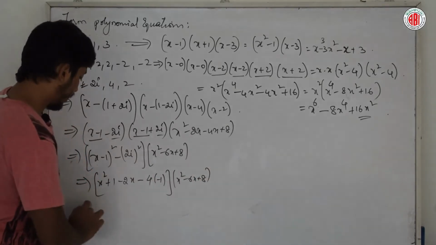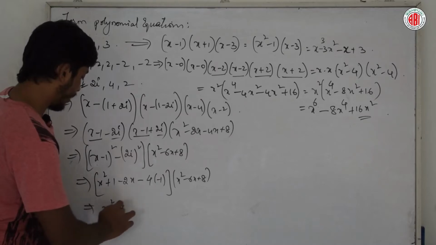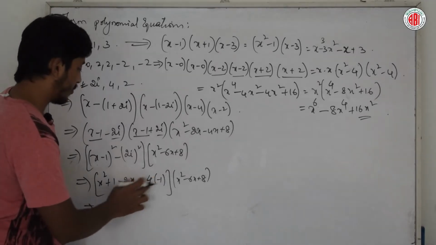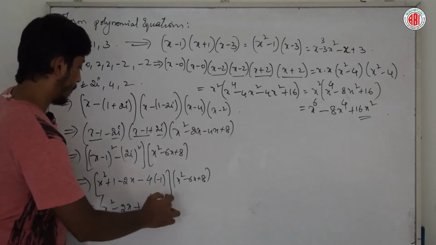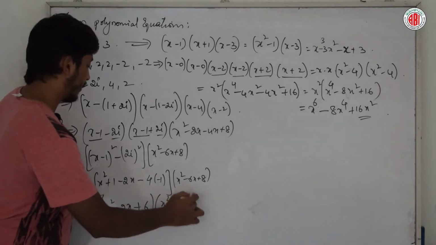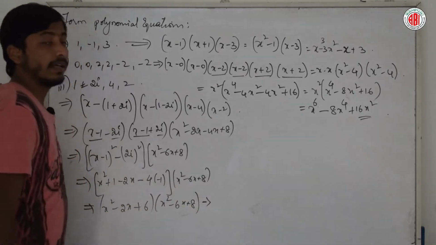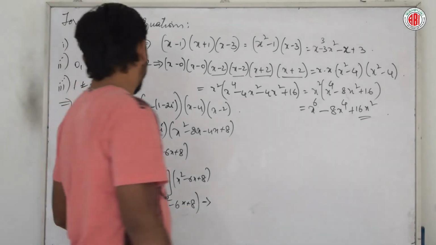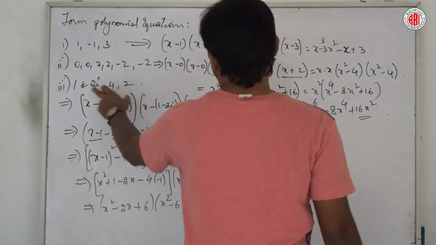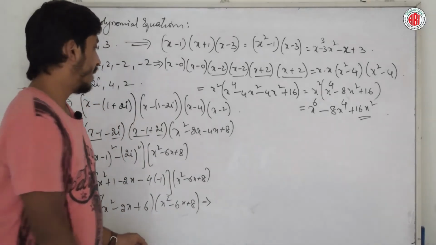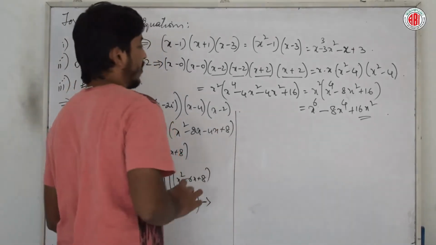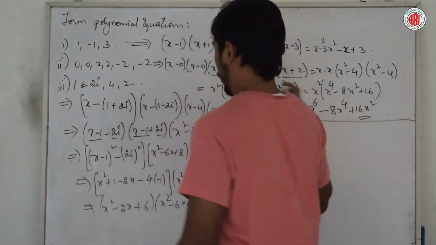If I simplify everything and write, what do I get? X square minus 2x, here minus 2 minus, plus 4 plus 1 is 6. Right? This is the equation with these 4 roots. Right? Let me multiply all these. We will get in the form of a degree 4.